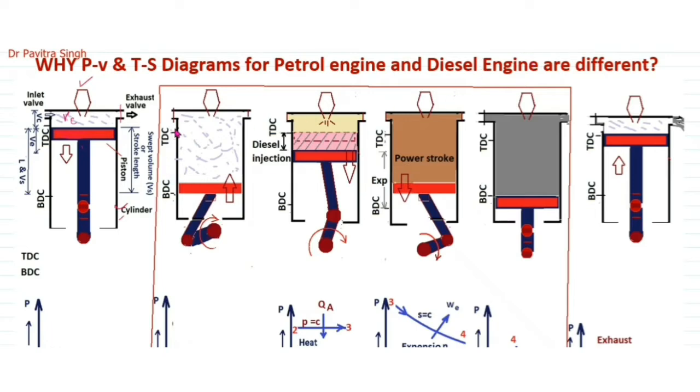At the end of this compression stroke the piston will be at TDC, the top dead center, as you can see in this figure. One more statement: the piston moves from TDC to BDC.